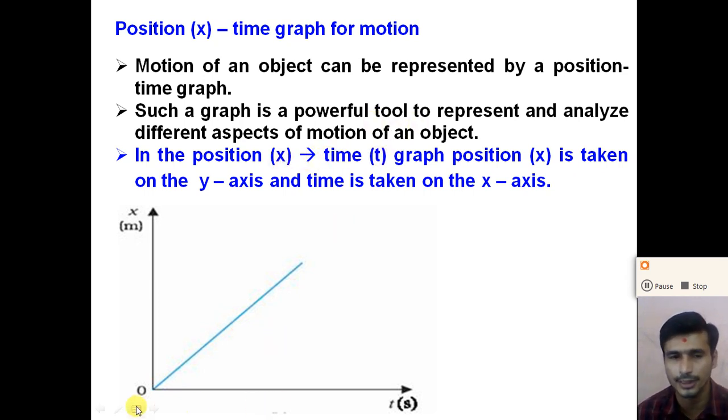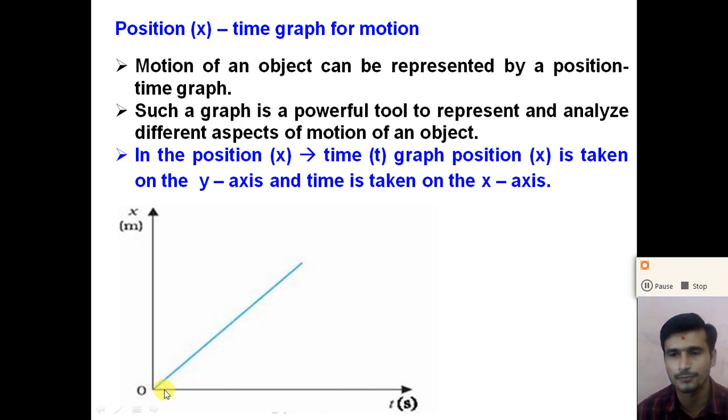To draw a position time graph, we take time on the x-axis with the proper unit of time: second, hour, minute, days. On the y-axis we take position in meter, kilometer, and so on. So position x is taken on the y-axis with the proper unit, and time is taken on the x-axis with the proper unit.